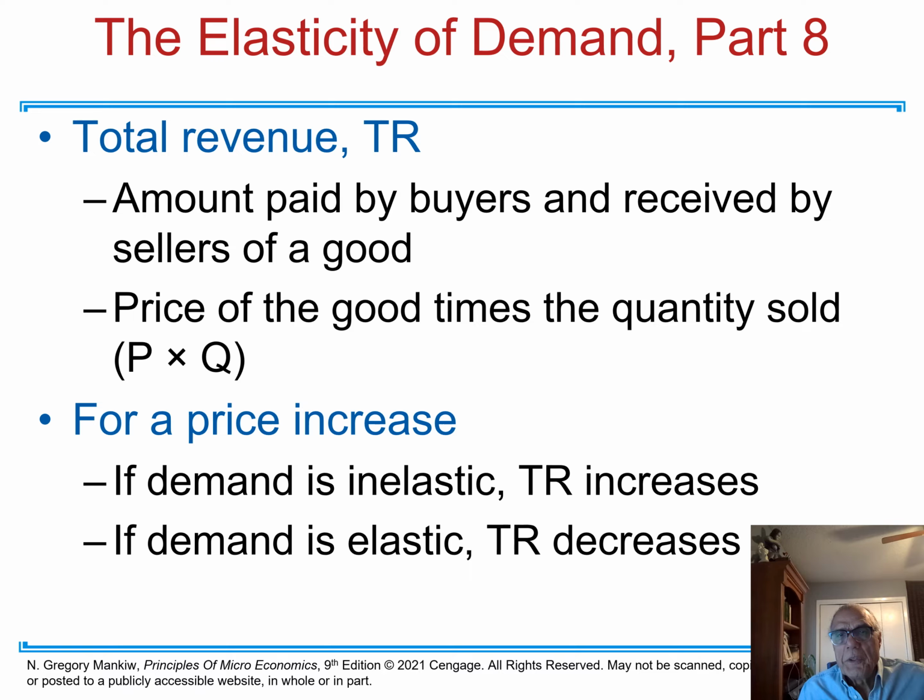What is the relation between total revenue and price elasticity? Well, we know total revenue is equal to price multiplied by Q. The amount paid by buyers and received by sellers of the good, the price of the good times the quantity sold, will be equal to total revenue.